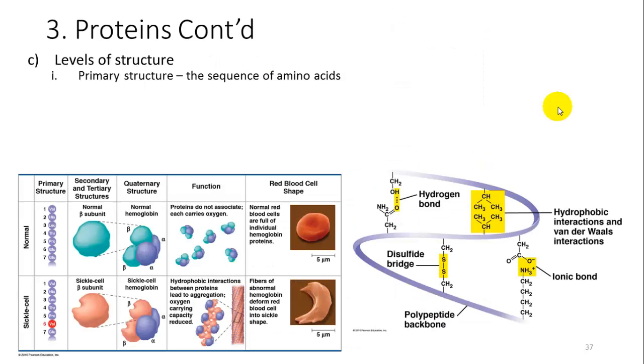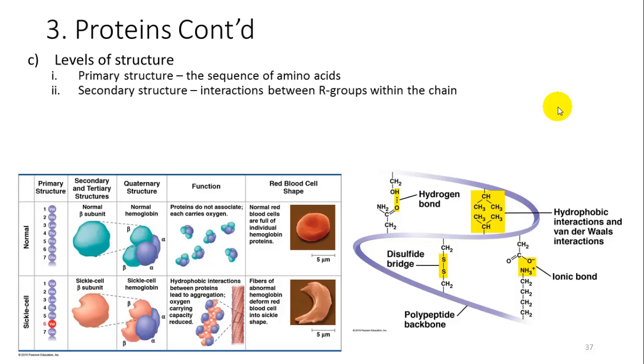All right, so proteins have many different levels of structure and arrangement. The first one's called primary structure, and that is just the sequence of amino acids. So there are 20 different amino acids, and how they're arranged determines what they are, and we'll go over those in class as well.